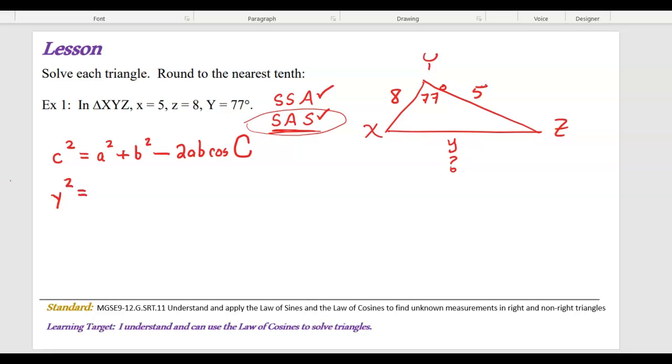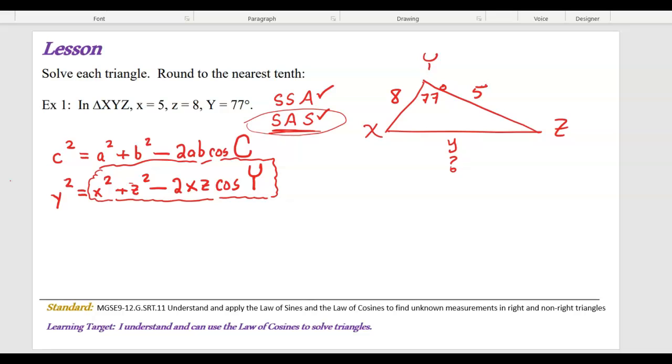So this is going to be x squared plus z squared minus 2xz times cosine of y. In this problem, if you're given a side, angle, side, then you will literally be given everything you need to straight plug in and use this formula as it was designed to be used.